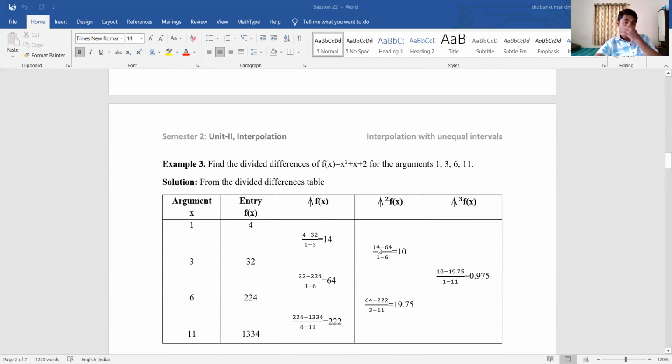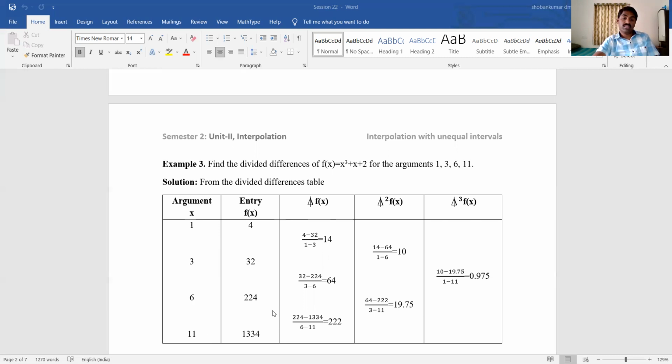Next one: find the divided differences of f of x equal to x cubed plus x plus 2 for the arguments 1, 3, 6, 11. Here x are given, y's are not given. Here y is given in the form of a polynomial. First you have to find f of x at x0 equal to 1, x1 equal to 3, x2 equal to 6 and x3 equal to 11.